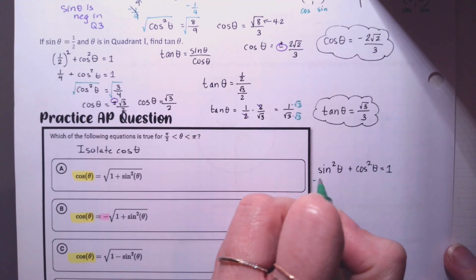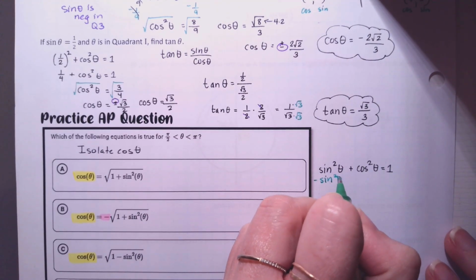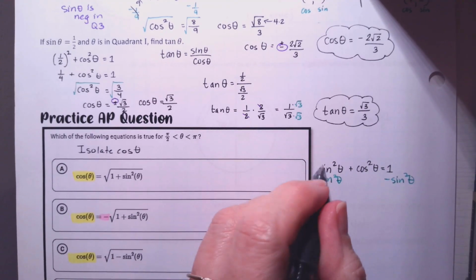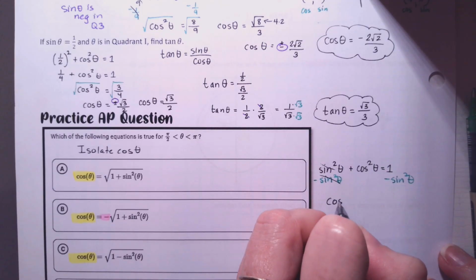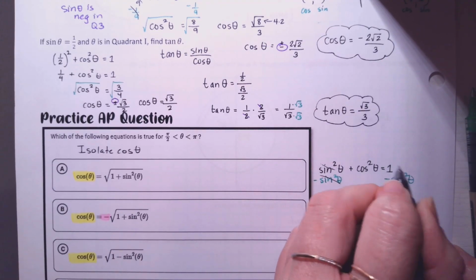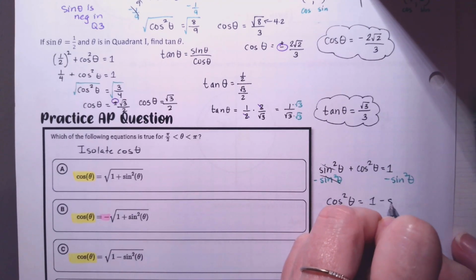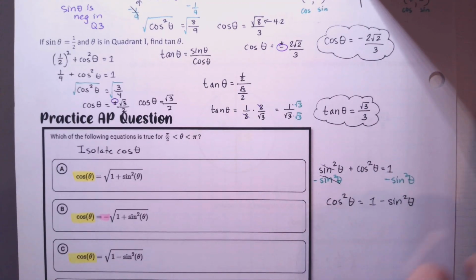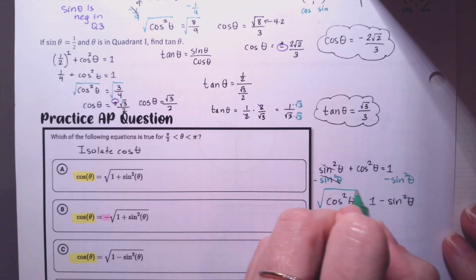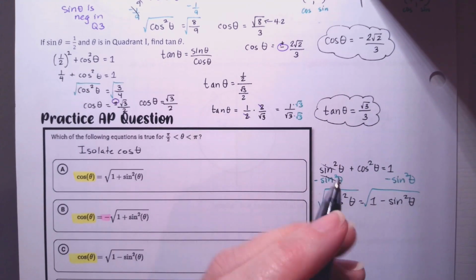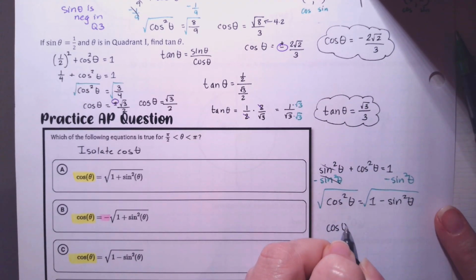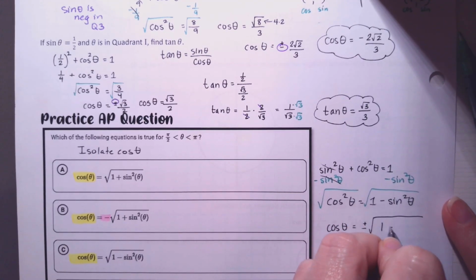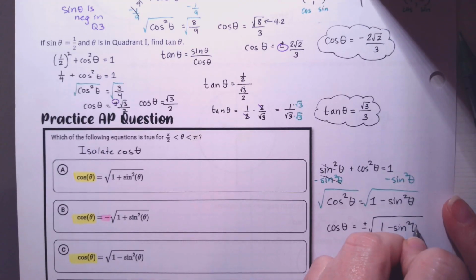We start by subtracting sine squared theta. That gives cosine squared theta equals 1 minus sine squared theta. To cancel the square, you take a square root, and you get cosine of theta equals, positive or negative we don't know yet, the square root of 1 minus sine squared theta.